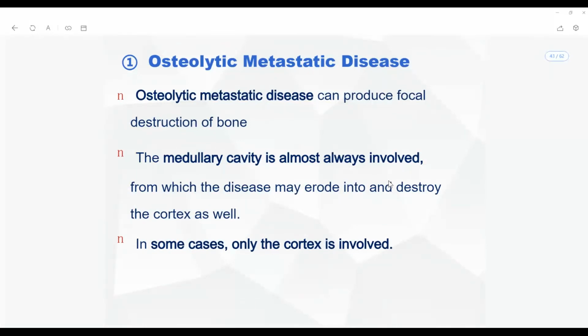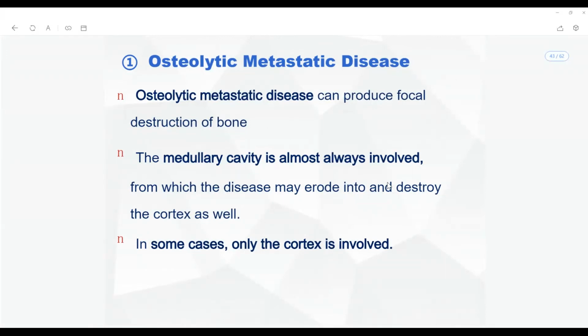It has to start at a focus, at a single point, where there is an overactivation of the osteolytic cells. That is the area that starts to be destroyed, and slowly the other regions are destroyed. So the extension of destruction depends directly on the amount of osteolytic cells or the progression of the disease.